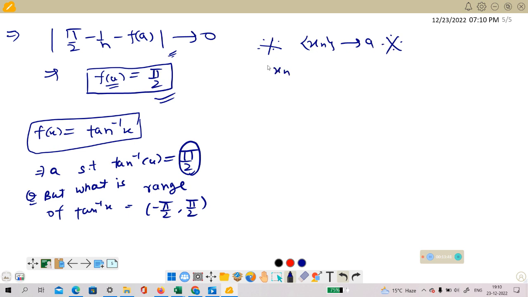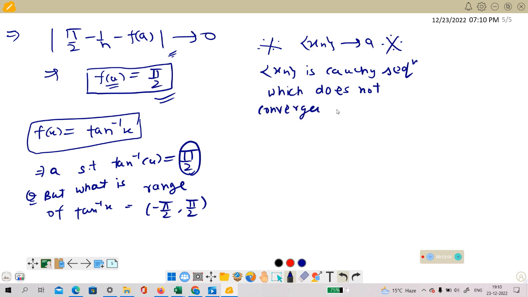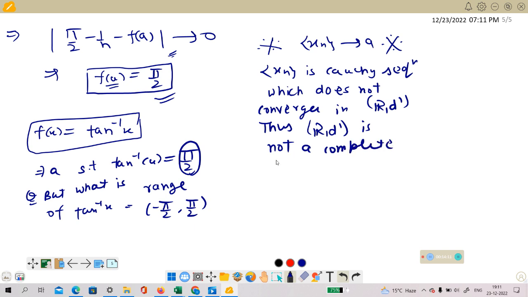So xn is a Cauchy sequence which does not converge in (R, d'). Thus (R, d') is not a complete space. And we are done with our proof. So we have shown that d and d' are not equivalent metrics.